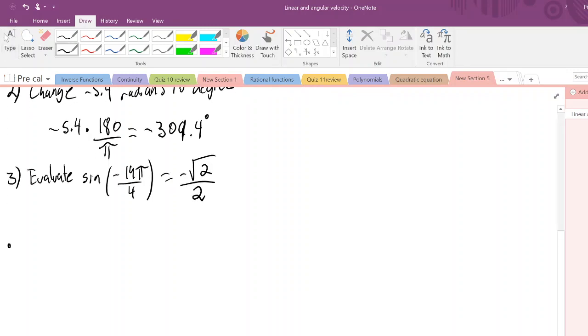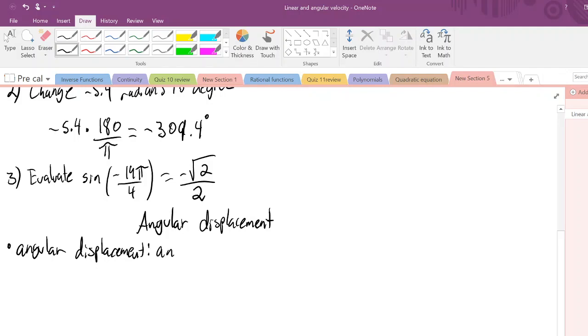All right, so next, we're going to be talking about angular displacement. All right, so what is angular displacement? So angular displacement is displacement.